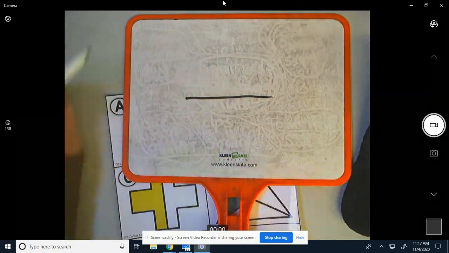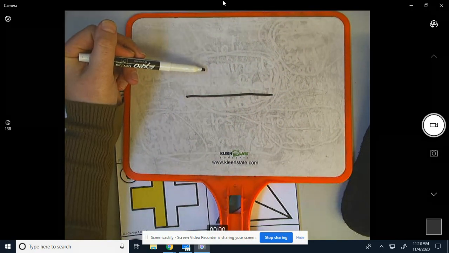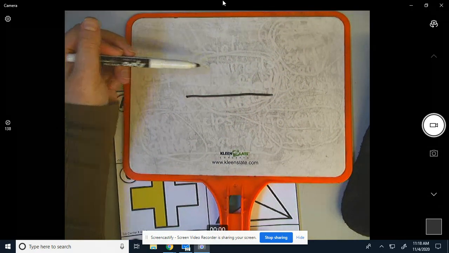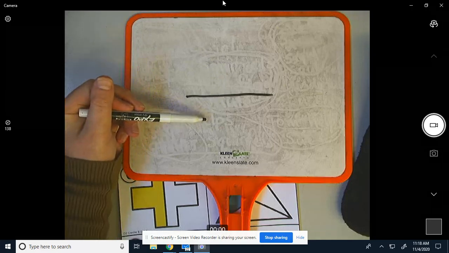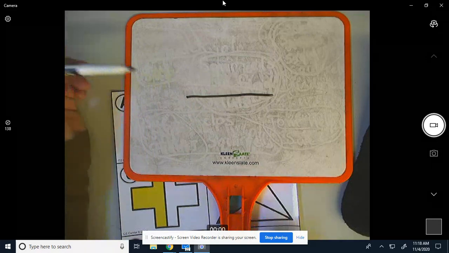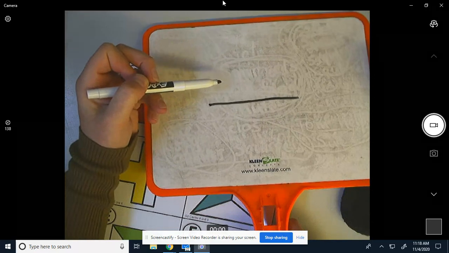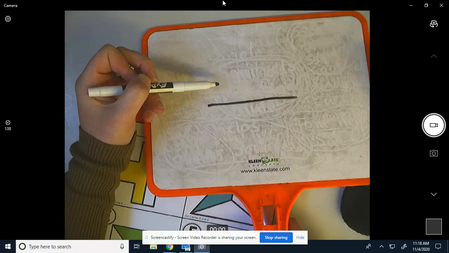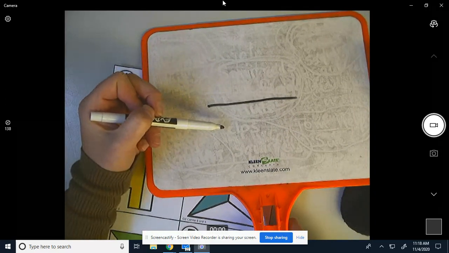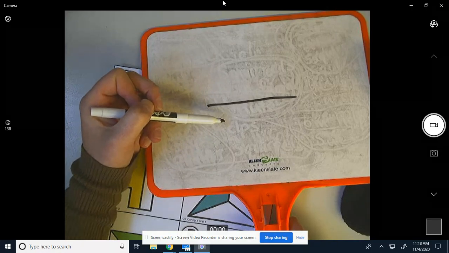And the top is how many are shaded, how many are colored in, and the bottom is how many there are all together. Okay, so the top are the ones that are shaded or colored in, and the bottom are how many pieces there are all together.